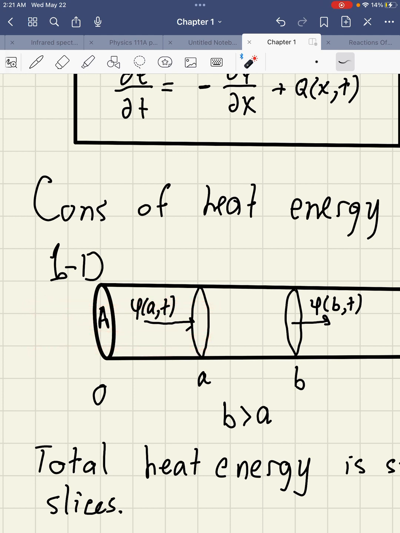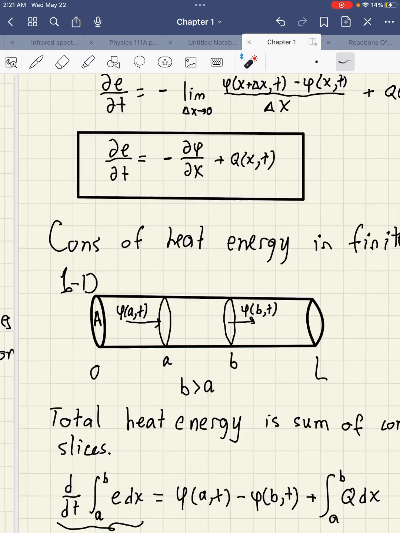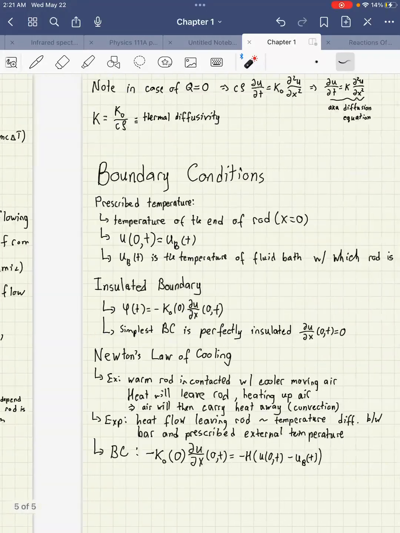So we expect the temperature at my boundary to be greater than the temperature just outside of the rod.